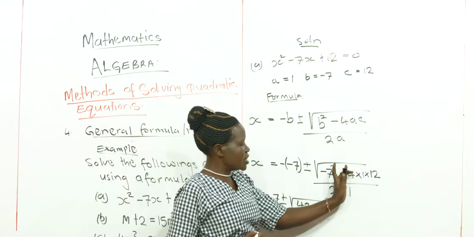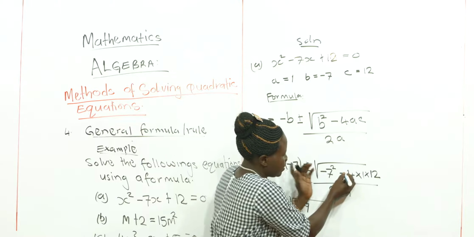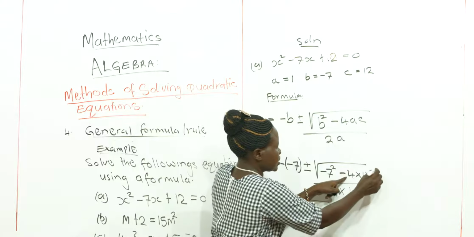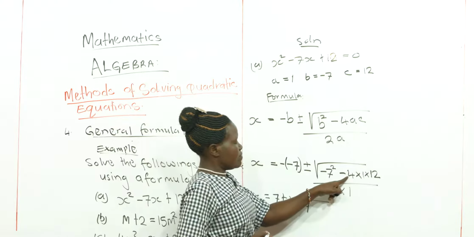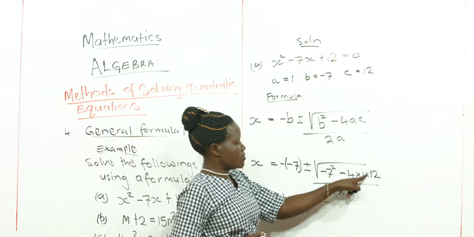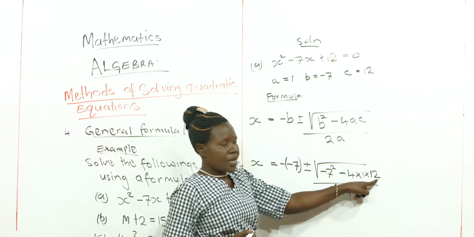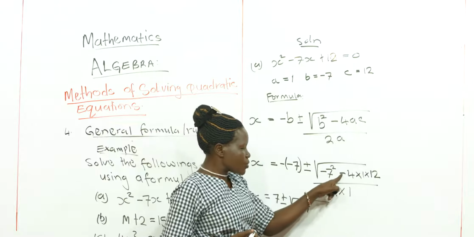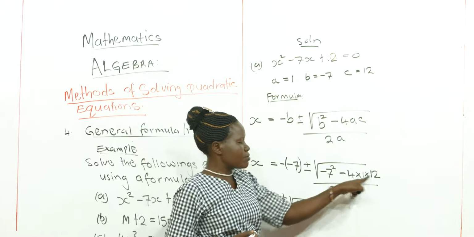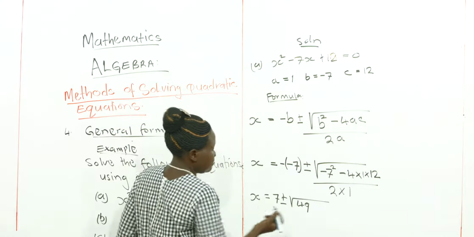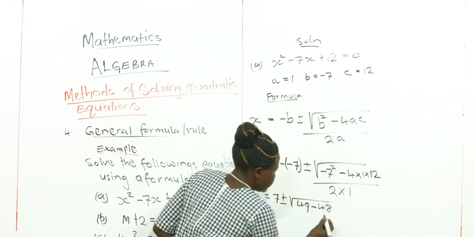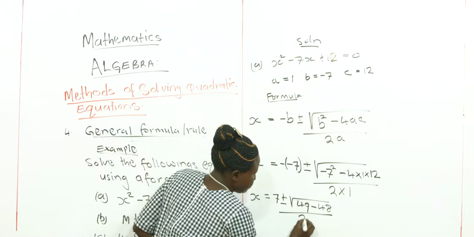First deal with this, whatever the sign, which is a negative. 4 times 1, we get 4. 4 times 12, we get 48. And then that is when you bring this negative. Negative times 48, we get negative 48. So here we get 49 minus 48, all out of 2.